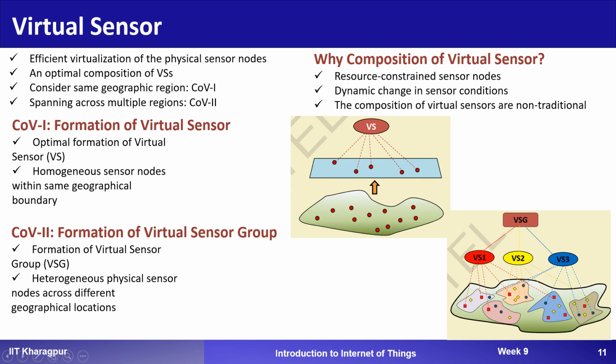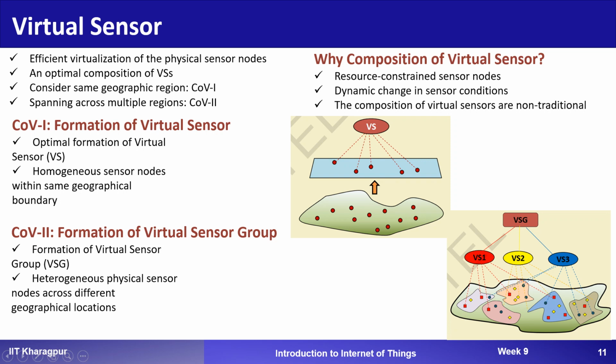Now, these are the various decisions that should be taken in your virtual sensor. The first one is efficient virtualization of physical sensor nodes: how you are going to virtualize your physical sensor, and how many instances should be created of your physical sensor.